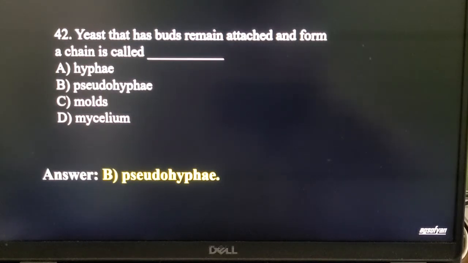It looks like a filament because 2 or 3 yeast cells are combined together. They attach and form a chain, but the chain is very short, not long. Therefore, the name is fake filament, or pseudohyphae.